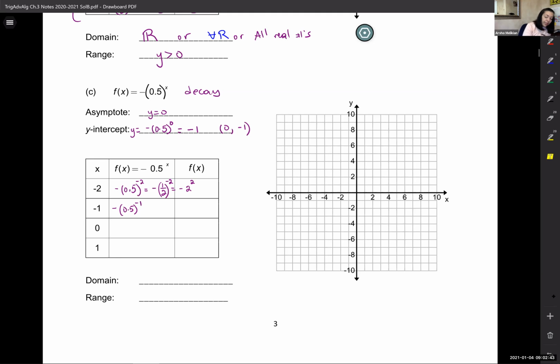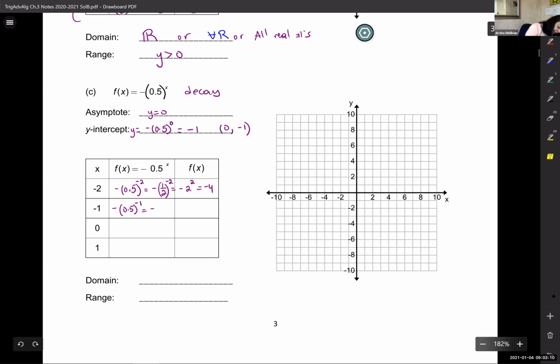Now, who does that exponent belong to? The 2, the negative, or both? What do you guys think? It belongs to just the 2, because had it been inside the parenthesis, then it would have belonged to the negative. But so now this is just -4.